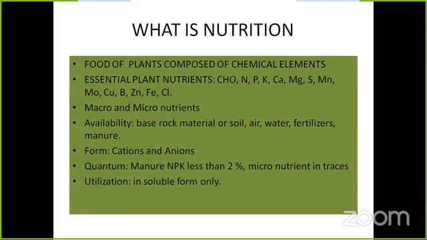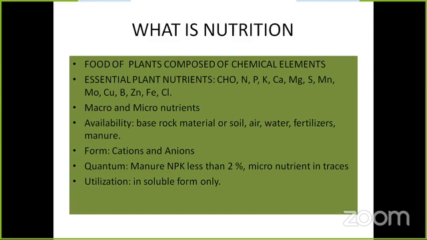As I said, what is this nutrition? It is the food of all plants, composed of many chemical elements. What are they? Essential plant nutrients: carbon, hydrogen, oxygen, which are available from nature, and NPK, that is nitrogen, phosphorus and potash, calcium, magnesium, sulfur, manganese, molybdenum, copper, boron, zinc, iron, chlorine.